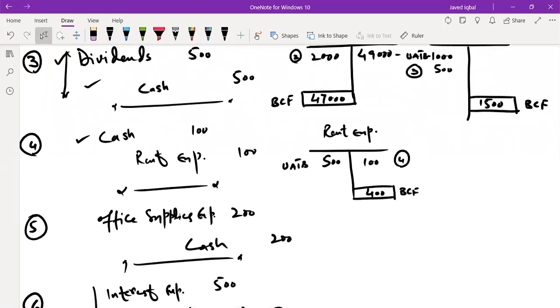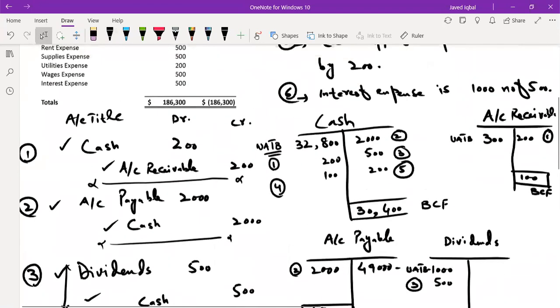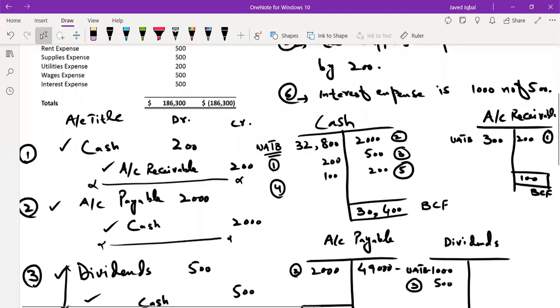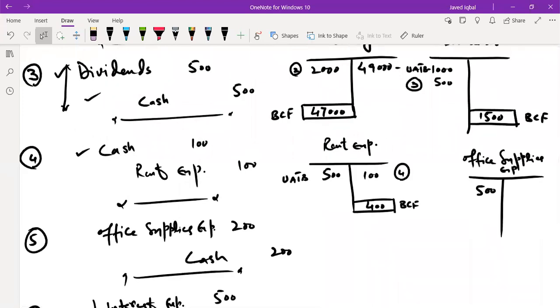Then you have office supplies expense. Your office supplies expense had a debit balance of 500 already. Am I right? Yeah, okay, 500. So it had already 500 as a debit balance. Now you're about to increase it by 200.